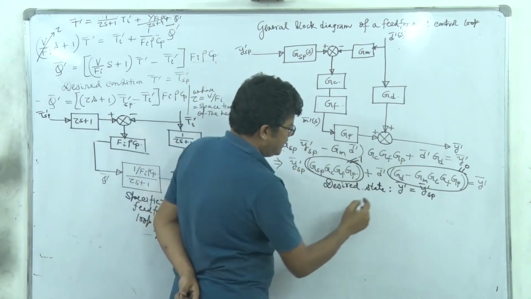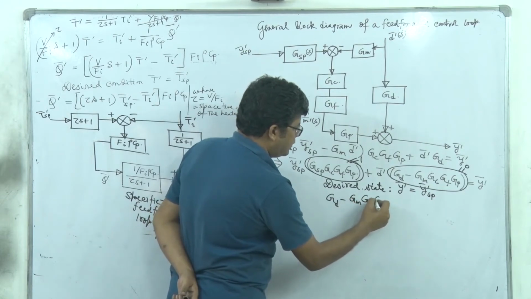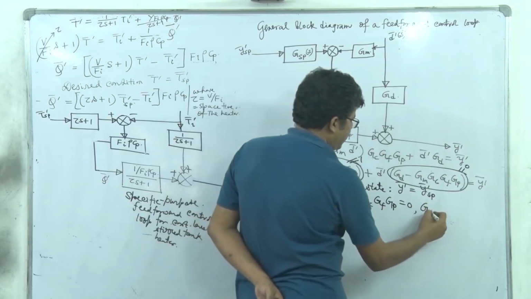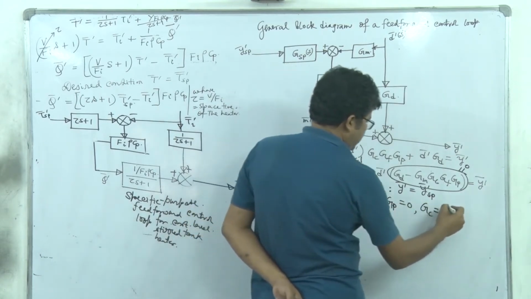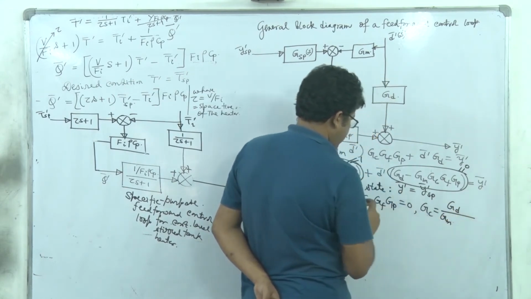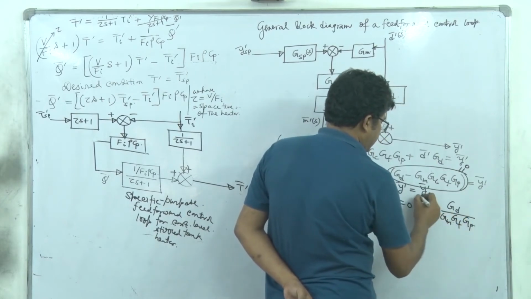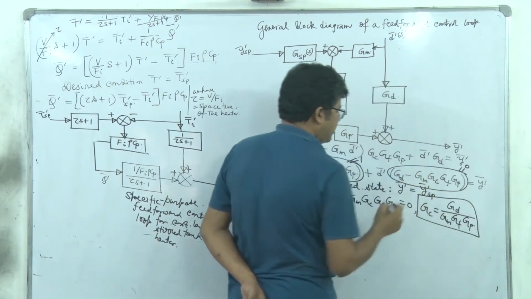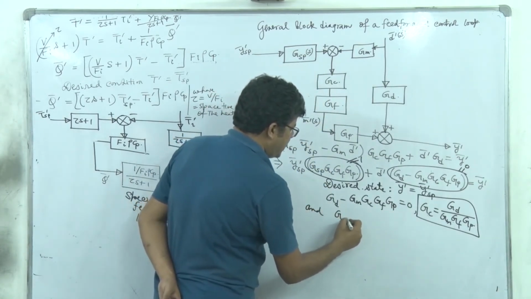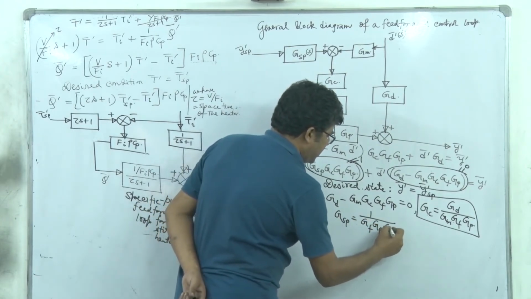So you see that GD minus GM, GC, GF, GP equals 0. What does it mean? GC is equal to GD divided by GM, GF, GP. First finding, right? And GSP is equal to 1 divided by GF GP into GC.